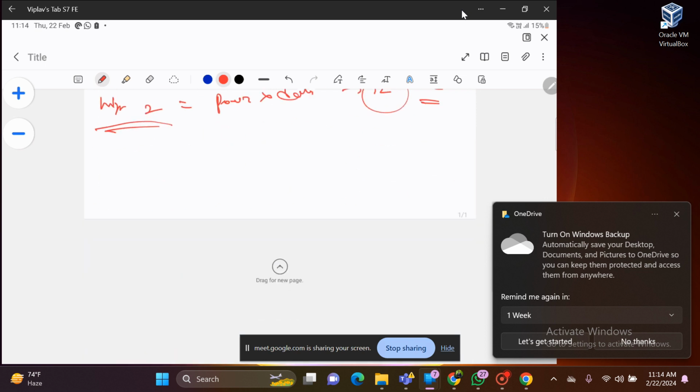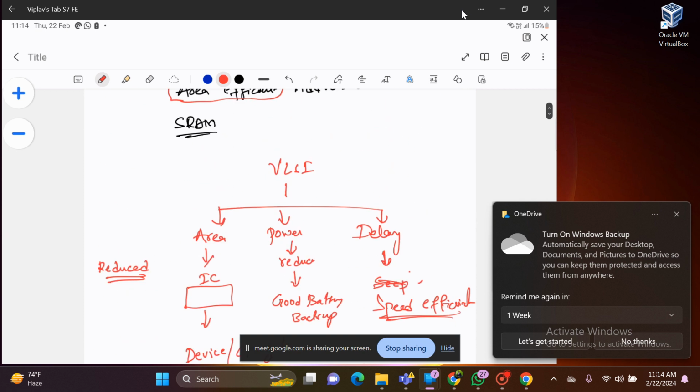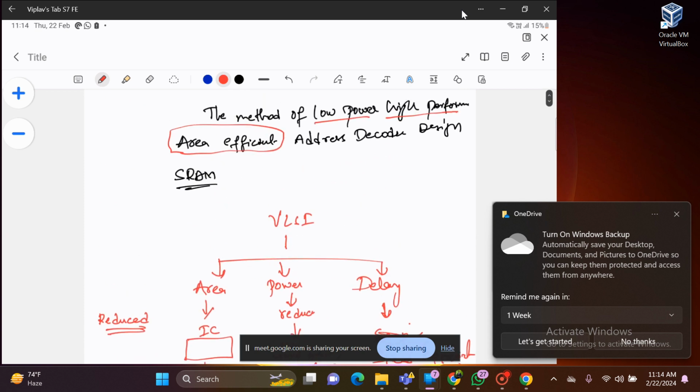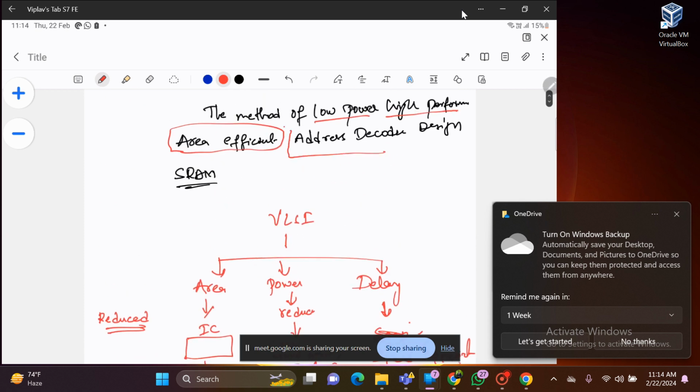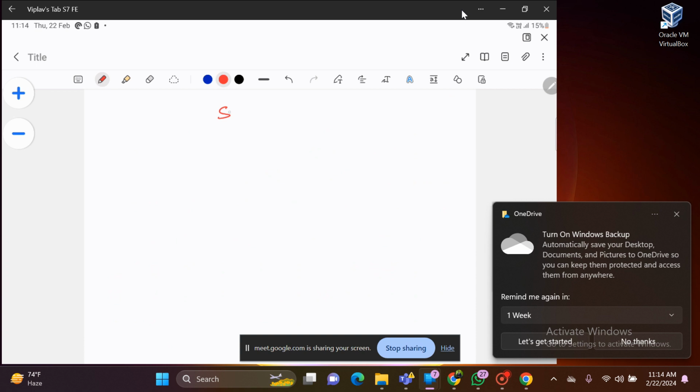Next, what we are designing is address decoders. For what purpose? SRAM is nothing but a memory, one of the applications.